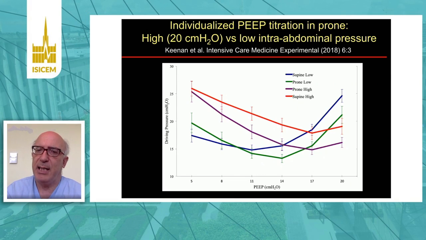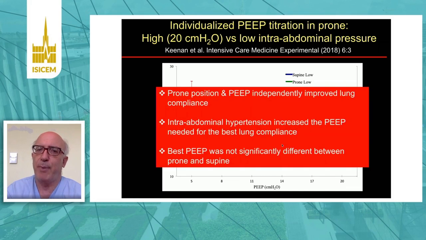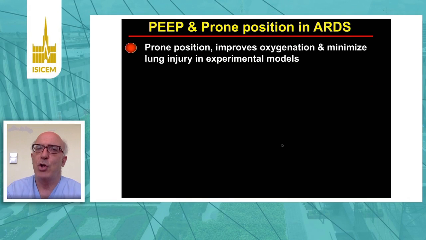And as you can see here, substantially there were differences between high and low intra-abdominal pressure, but there were no differences between prone and supine position. So prone and PEEP independently improved lung compliance. Intra-abdominal hypertension increased the PEEP needed for the best lung compliance, and best PEEP was not significantly different between prone and supine.